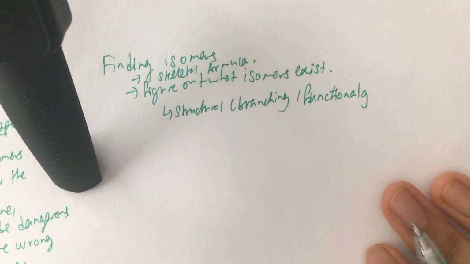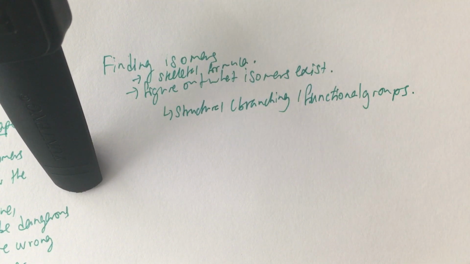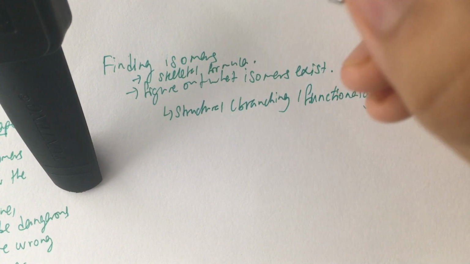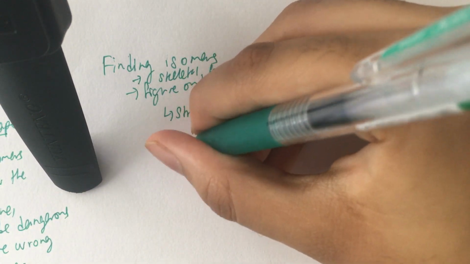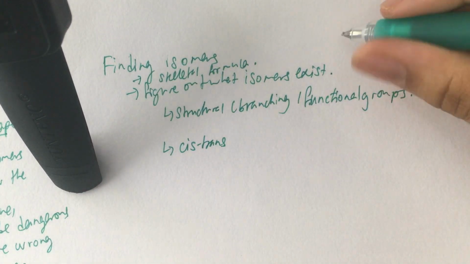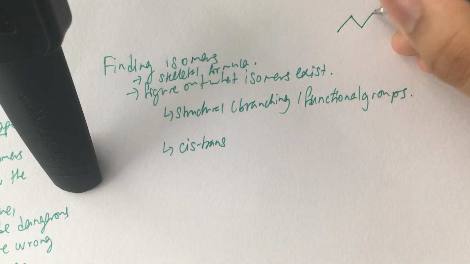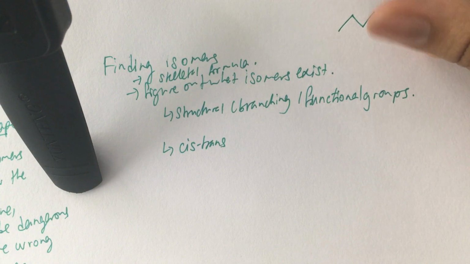And from there you can easily find out where all the different isomers are. If it's structural, you just have to keep drawing out different positions of the functional group and making sure not to accidentally redraw the same molecule just from doing the branching thing. Make sure a branch is actually in the middle and not on the end, because then it's no longer a branch. Yeah, you know what I mean. And for cis trans, you look at double bonds or rings.